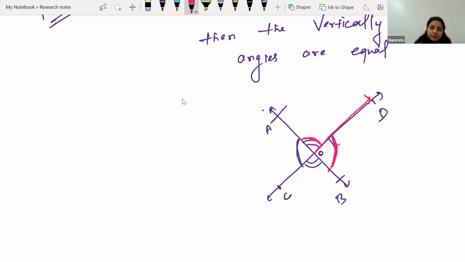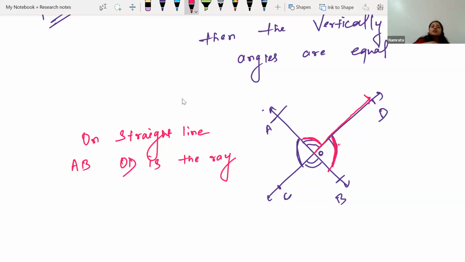So let's say on the straight line AB, OD is the ray. And when we are having a ray on any straight line, then the pair of angles will make 180 degrees, which you also call a linear pair.